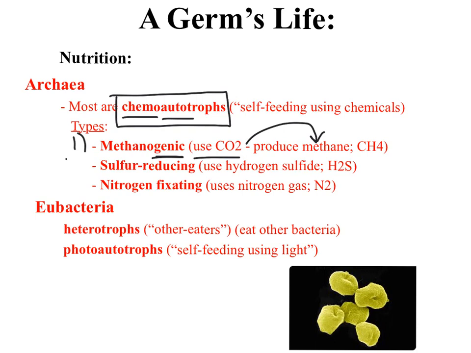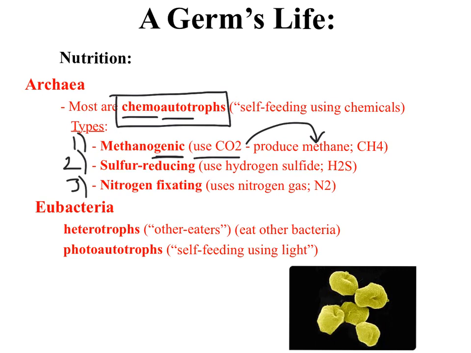We also have our second kind, sulfur reducing. Basically they use hydrogen sulfide in order to produce energy. And our third kind is nitrogen fixating. They use nitrogen gas and fixate it, which means they're having chemical reactions, and the end products are compounds that contain nitrogen.